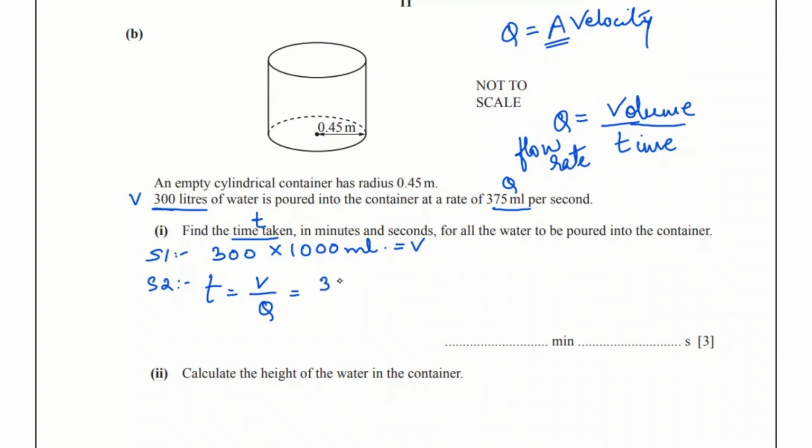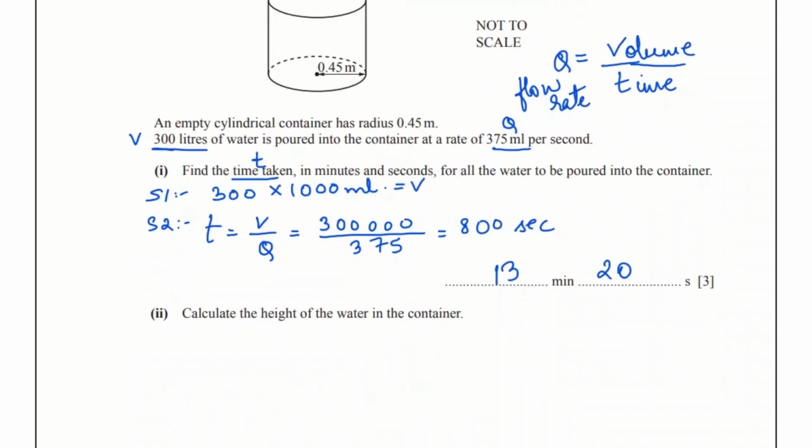So volume will become 300,000 upon Q, that is 375. This will give us 800 seconds. After conversion we get 13 minutes and 20 seconds.